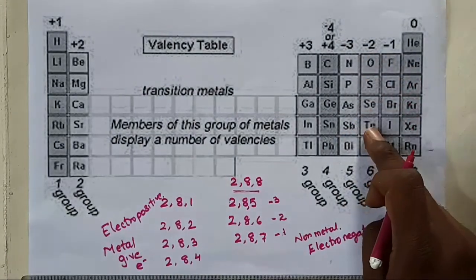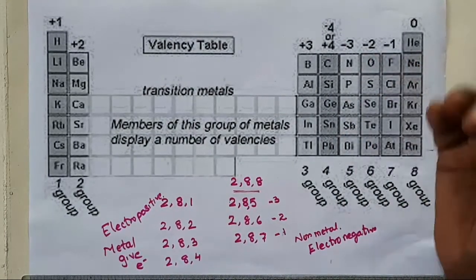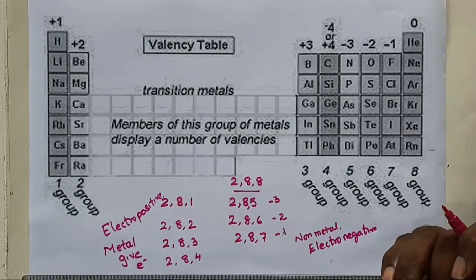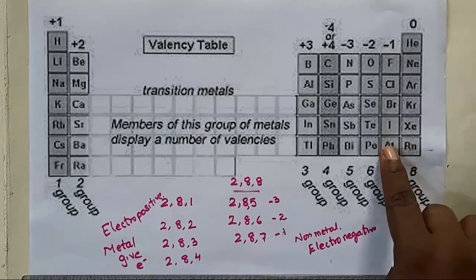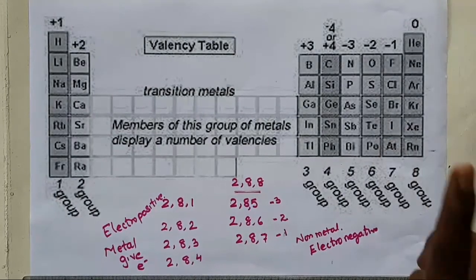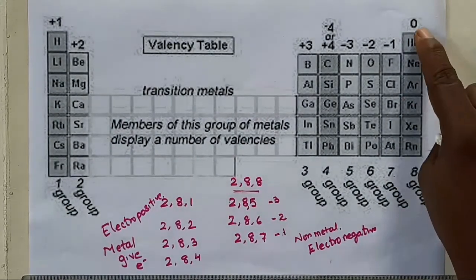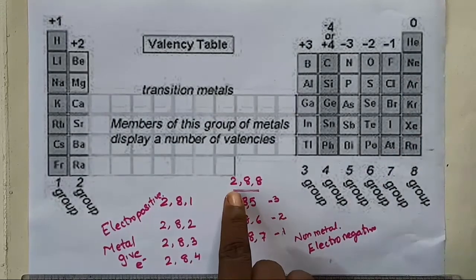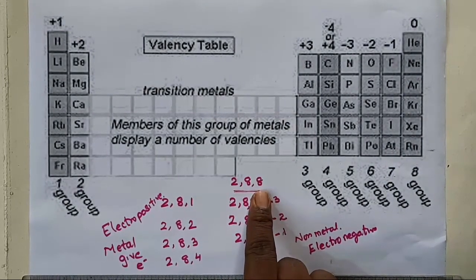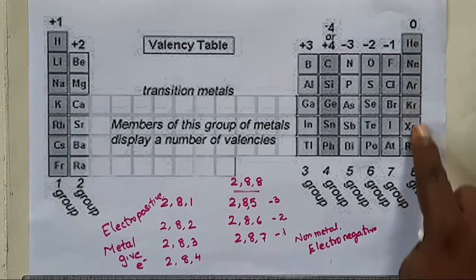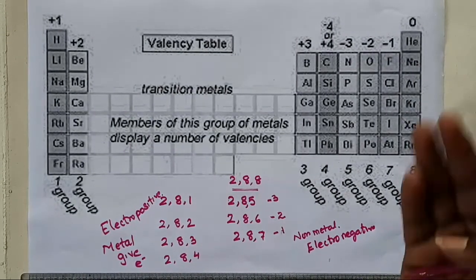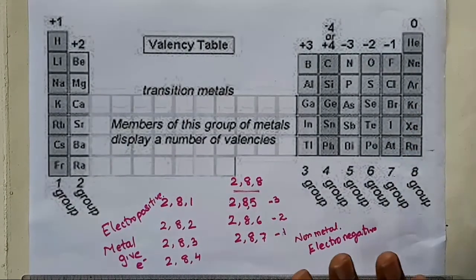In group 6, it accepts 2 electrons, so the valency is 2. In group 7, the valency is 1 because it accepts 1 electron. But in group 0, they are completely filled, so they will not accept or give electrons. So this is your valency table.